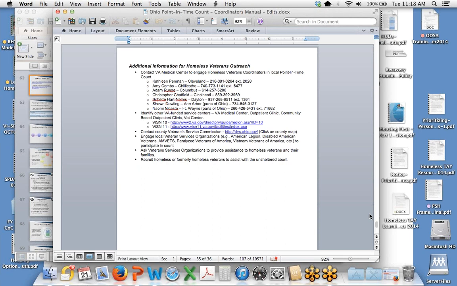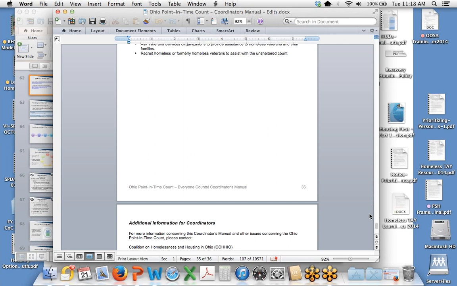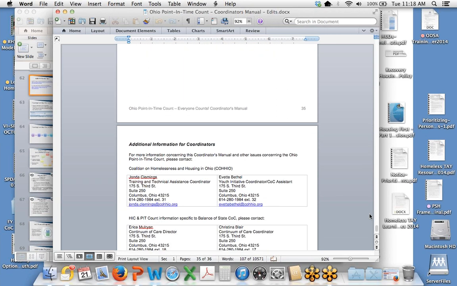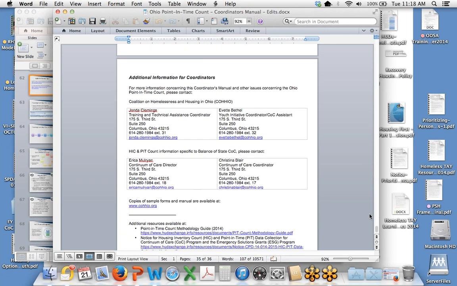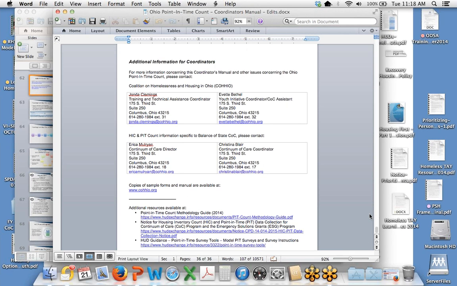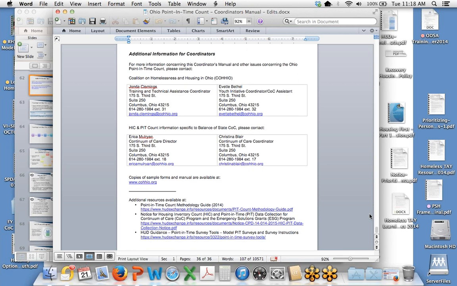Their names are there, their phone numbers are there so that you can contact them. We also summed up on the last page, giving you information as far as our staff contact information at COHIO. If you're looking at basic count information, or if you're coming from one of the 8 entitlement communities, you can reach out to Yvette and myself for that information.